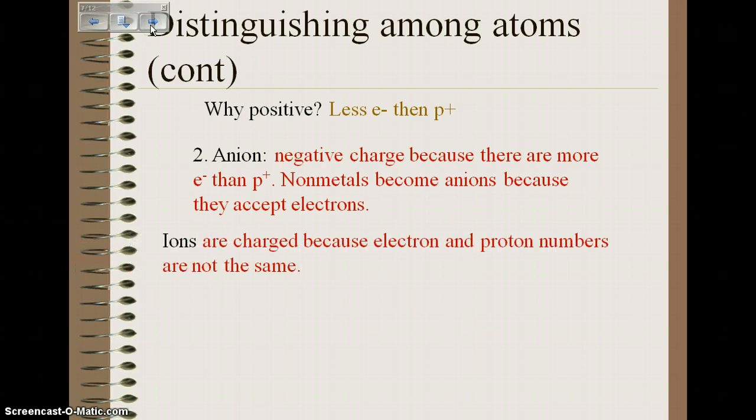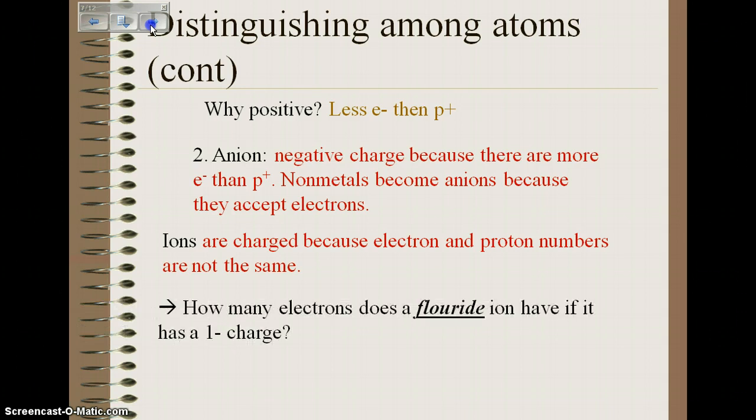Remember that ions are charged because electron and proton numbers are not the same. Question: how many electrons does a fluoride ion have if it has a 1 negative charge? To answer this question, you would need the periodic table. You would look up the atom fluorine, and you would notice that fluorine has an atomic number of 9.